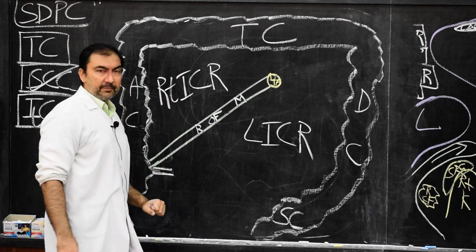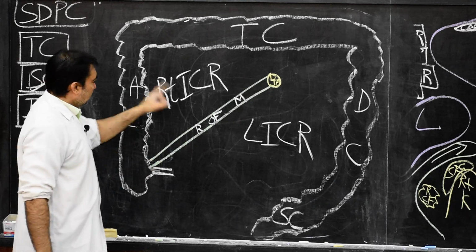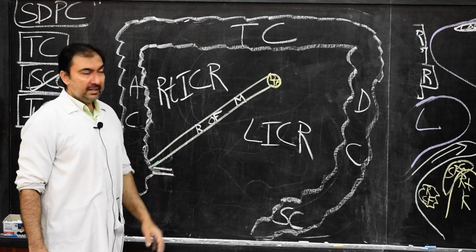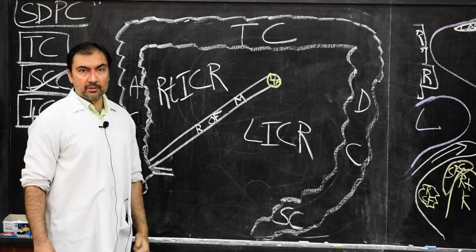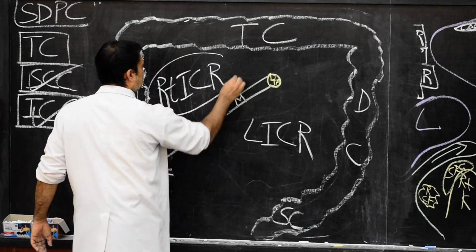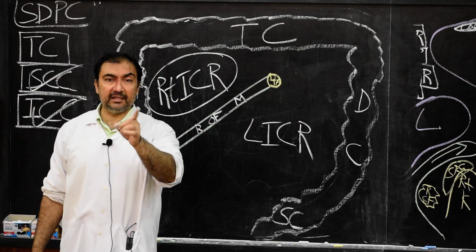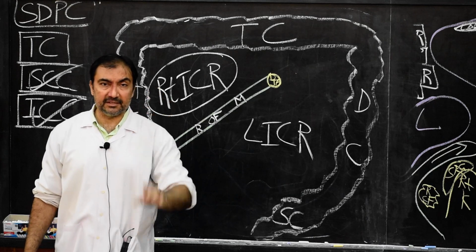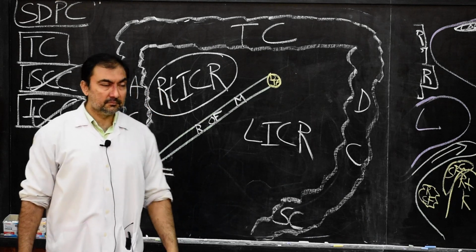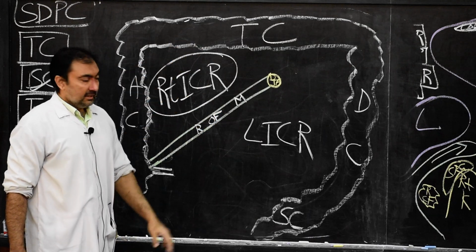The right infracolic compartment will be bounded by the right side ascending colon, left side root of mesentery, and superiorly transverse colon. It is a closed cavity. Remember, it will not communicate with any other cavities.